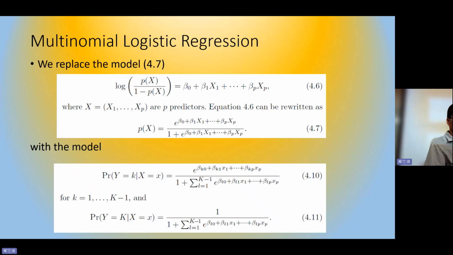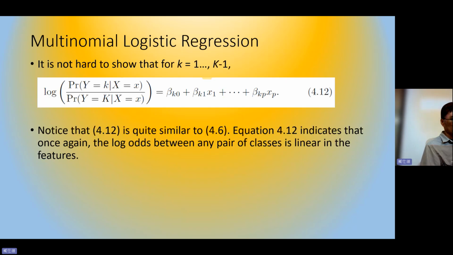But multinomial means we may have many different types of response, not just the binary response. Maybe we have 3 types of response, or 4, or 5, or more than that. So we call this multinomial logistic regression.